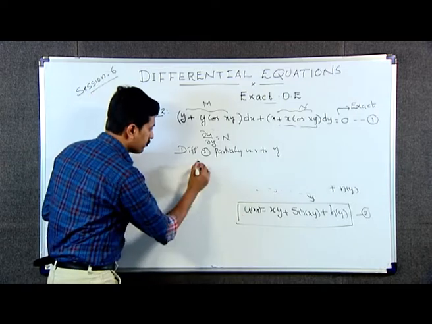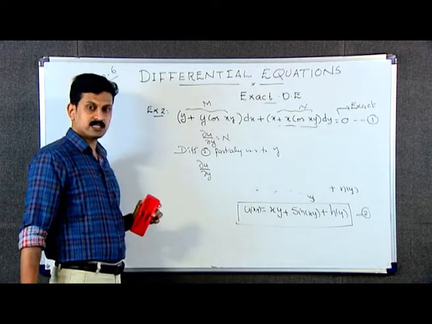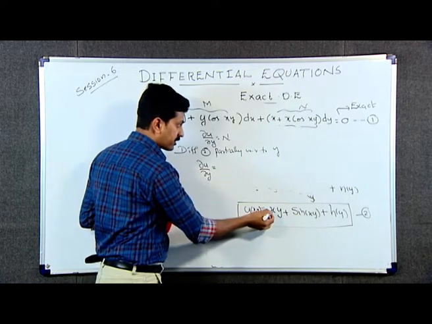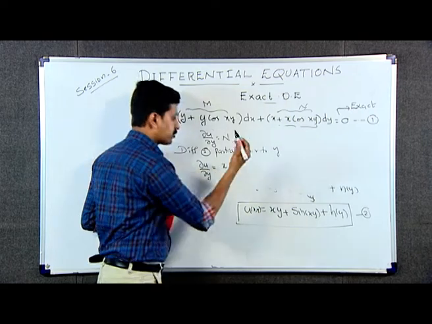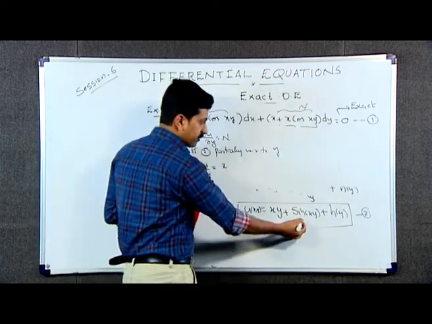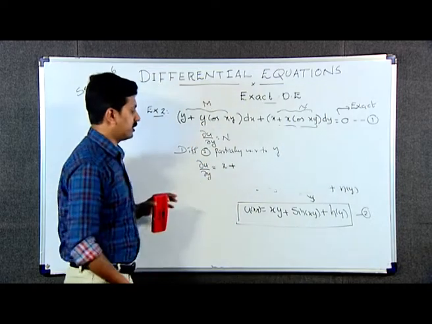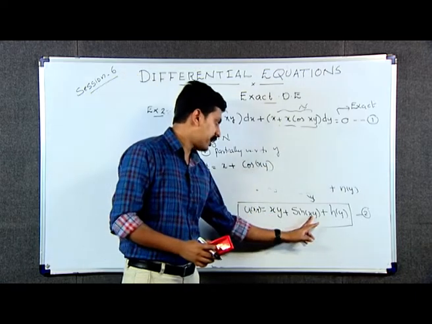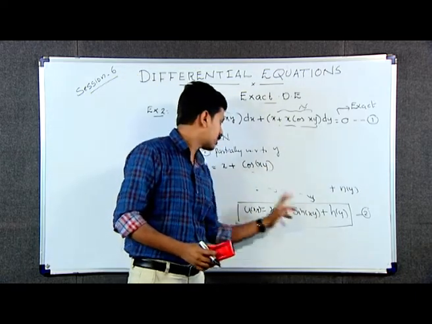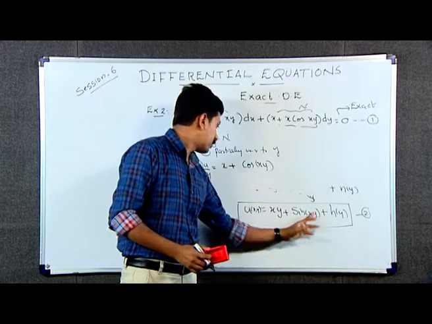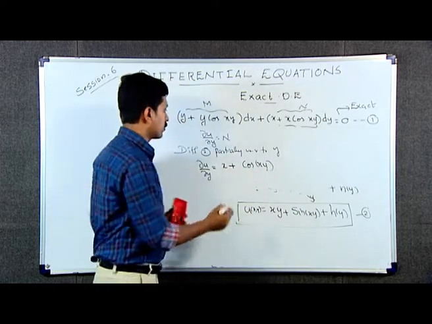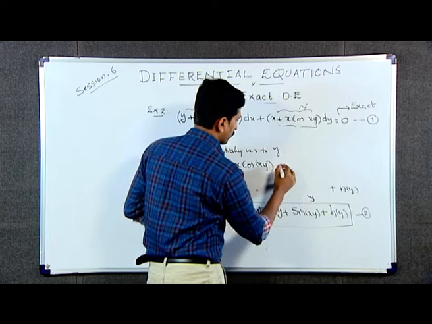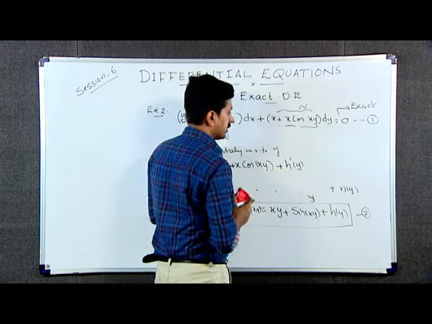Instead of u, there will be ∂u/∂y. Differentiating xy partially with respect to y, x is a constant and y is the variable, so only x remains. The derivative of sin(xy) is cos(xy) times the derivative of xy, that is x. So one more x will come there, and the derivative of h(y) is the ordinary derivative h'(y).